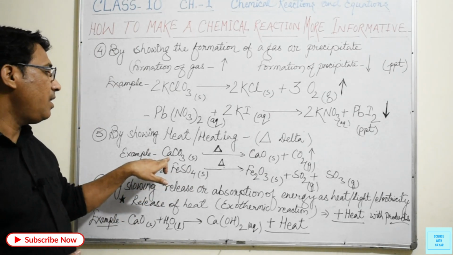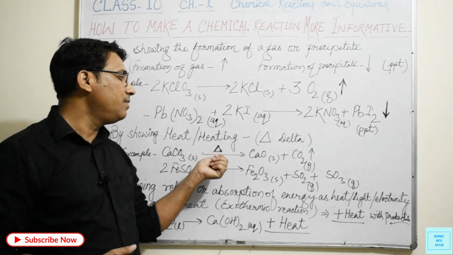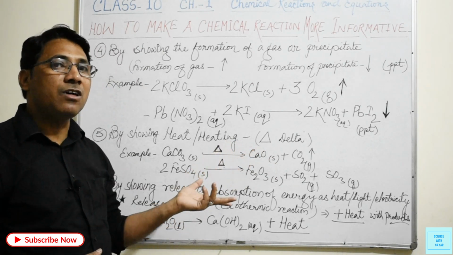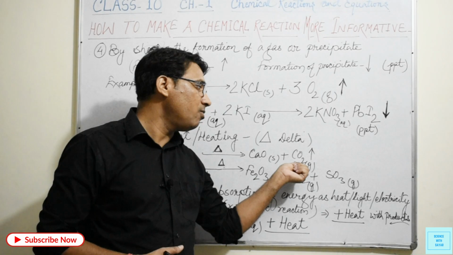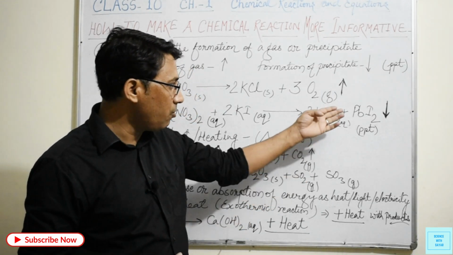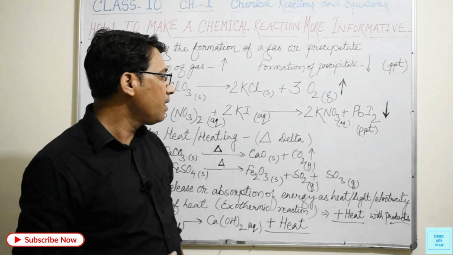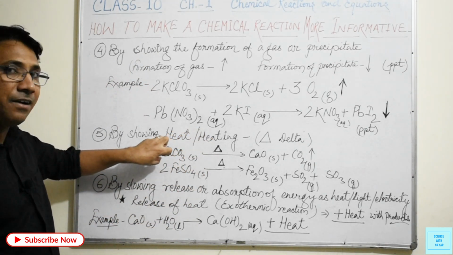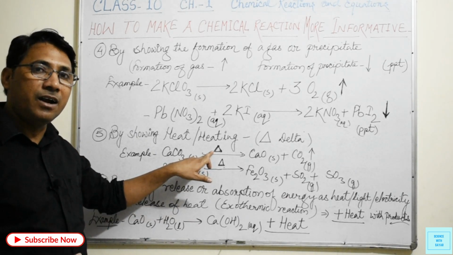Example, CaCO3, marble, calcium carbonate, heated at high temperature, 600 to 1000 degrees Celsius, and calcium oxide and carbon dioxide gas is formed. So the formation of carbon dioxide here is also shown as an arrow pointing upward, and in this reaction we are providing heat. We are heating the reactants, so it is shown by this delta sign.